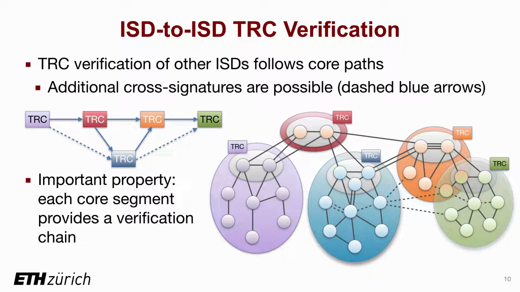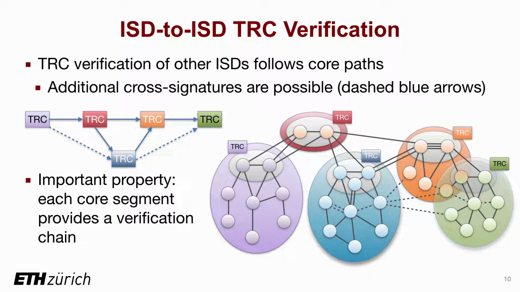So in this example, if one trusts the purple ISD and the purple TRC, in order to verify the green TRC, one can follow and first verify the red TRC, then the orange, and then the green. Essentially, just follow this chain. In addition, ISDs can also cross-sign each other's TRCs without being directly connected.